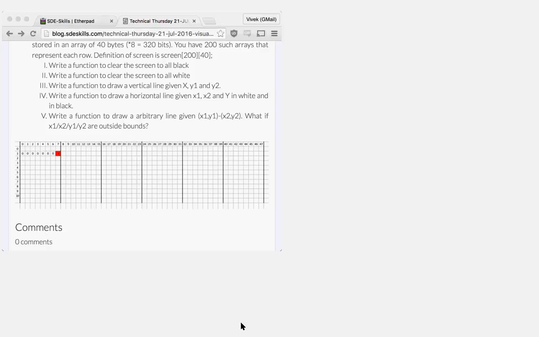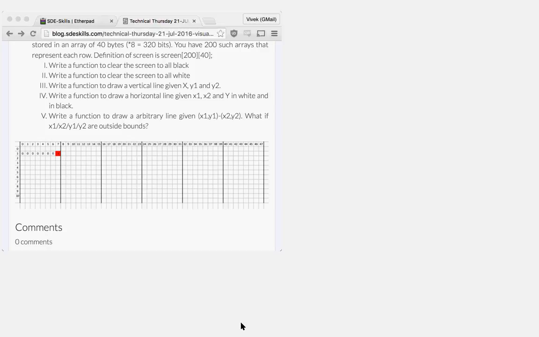Go ahead. Somebody was saying. Yeah, as y is fixed, x1 and x2 can be in the same byte or in different bytes. There are two scenarios. If they are in the same one, then I can go to that particular index, create a mask and flip it.